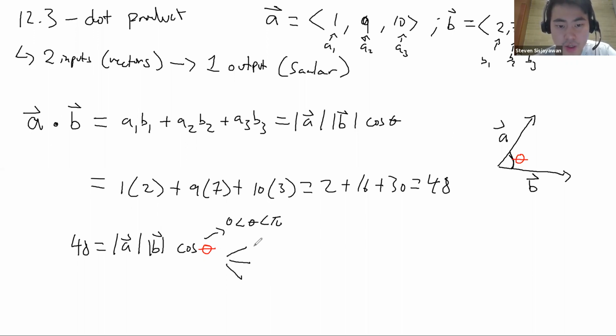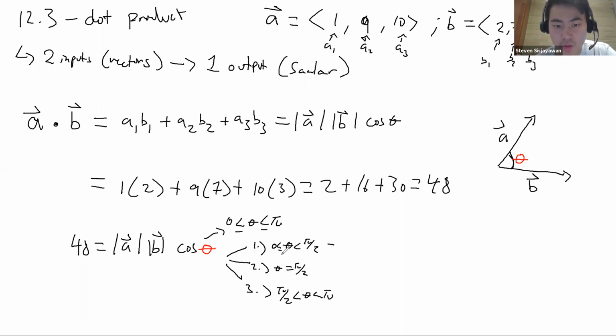The first case is when theta is greater than or equal to 0 and less than pi over 2. The second case is where theta is equal to pi over 2. And the third case is where theta is between pi over 2 and pi.